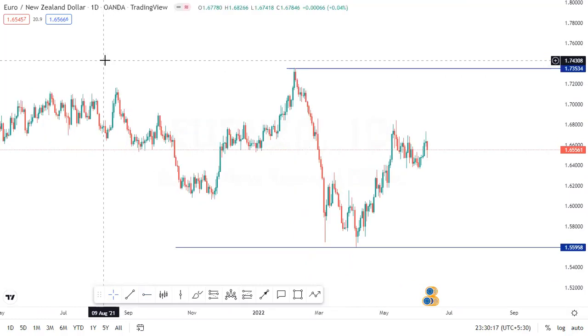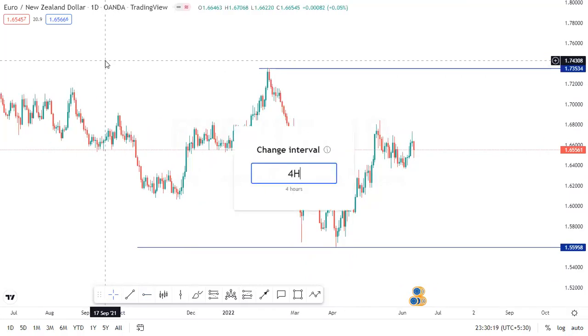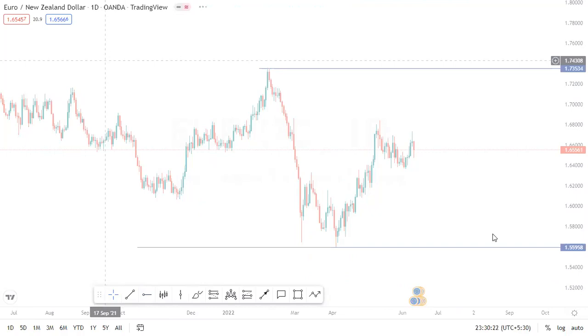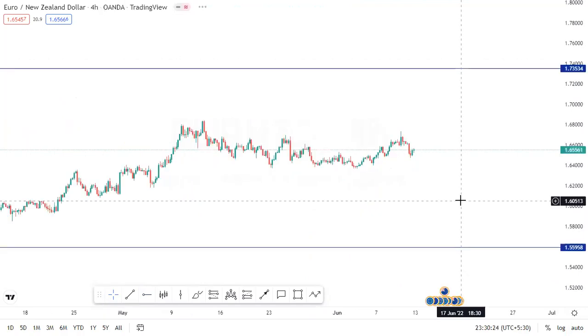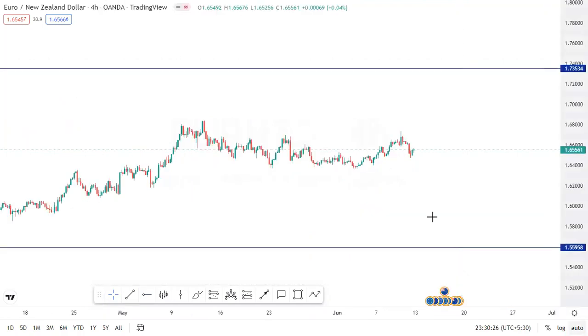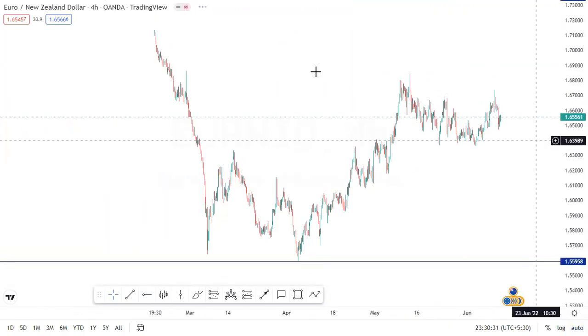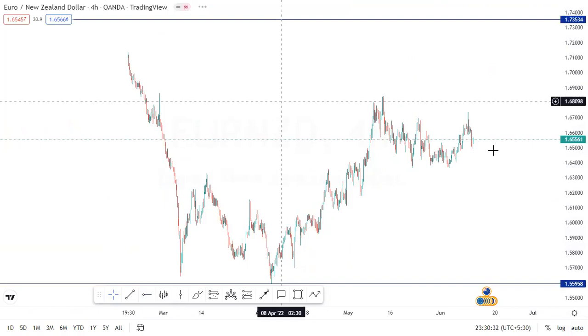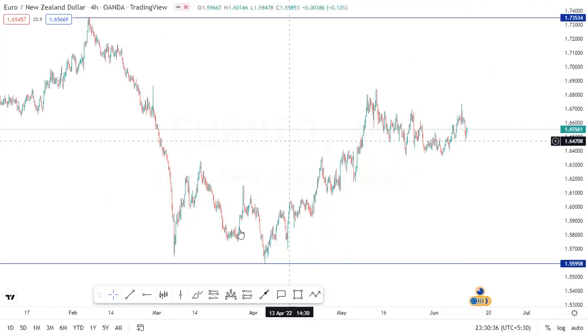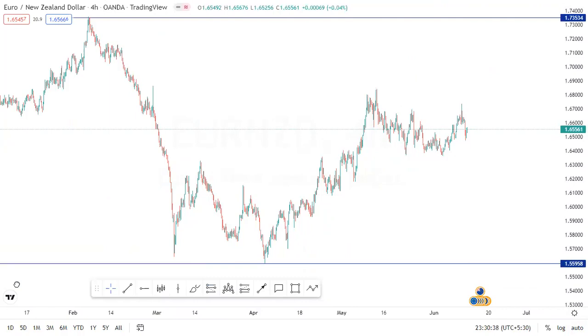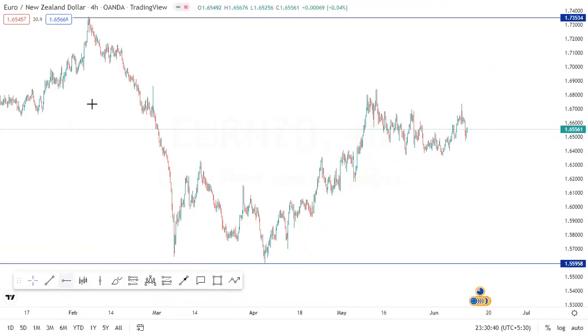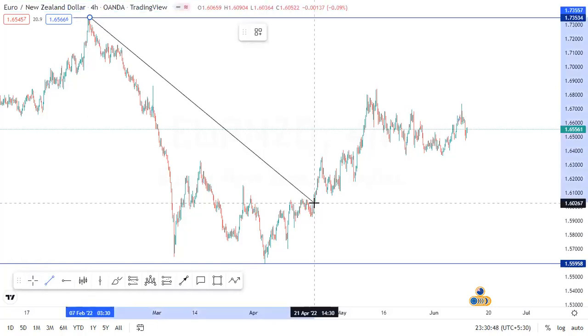So I'm gonna go to 4H to spot the possible continuation patterns or reversal patterns. If I zoom out like this, as you can see, it has been bullish. Here we had a break like this.